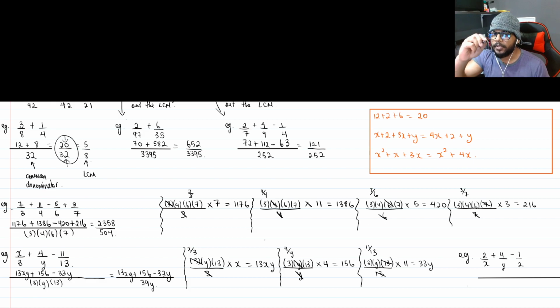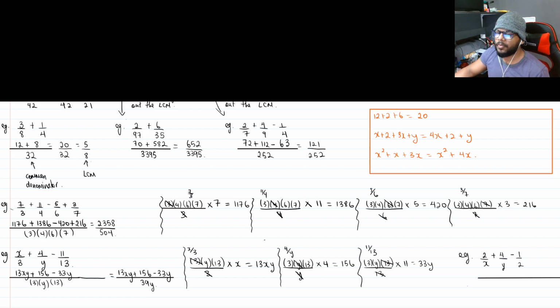Write this down. I have one term on top and one term below, so I am well within my right to cancel. But when I come down here, I have more than one term on top. So as soon as I have more than one term, refrain from cancelling, please.